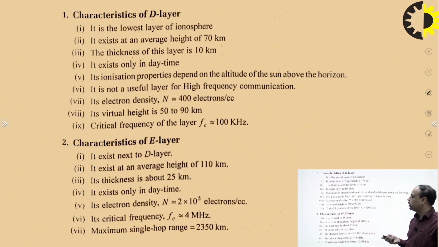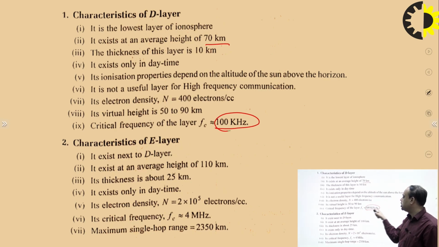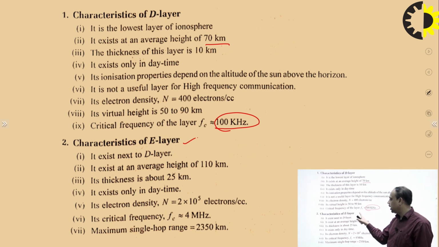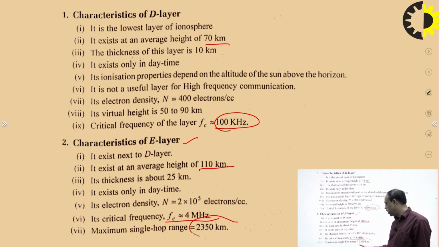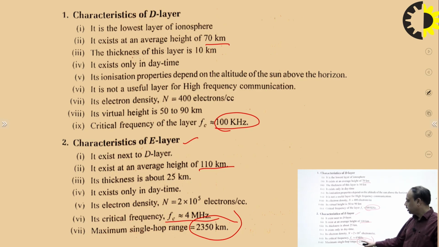These are the characteristics of the different layers of the ionosphere. The D layer is the lowest layer, with a height of 100 kilometer, and the critical frequency is 100 kilohertz. In case of the E layer, the height is 100 kilometer, and the critical frequency is 4 megahertz, and we can use it in a single hop with the help of the E layer; 2350 kilometer we can easily cover, while in this case we can cover a very small distance of 70 kilometer over here.